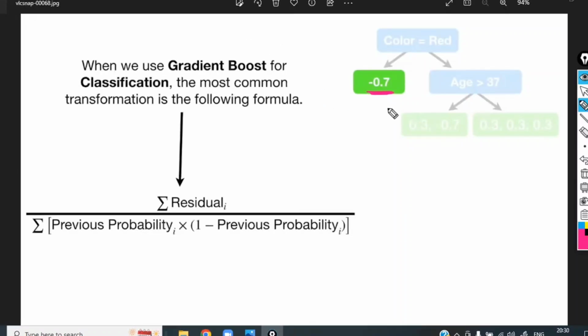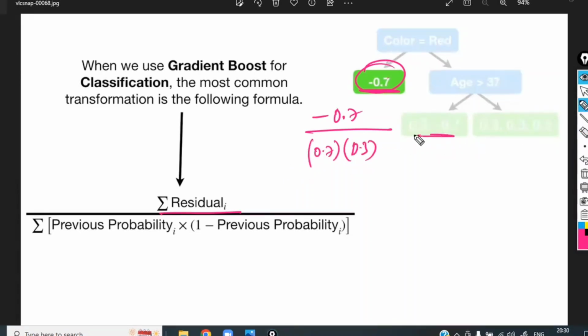Now in this leaf node, whatever the values are there, you have to sum the residuals. In this, only one is there, so we keep it as it is, divided by the summation of previous probability into 1 minus previous probability, that is 0.7 into 0.3.